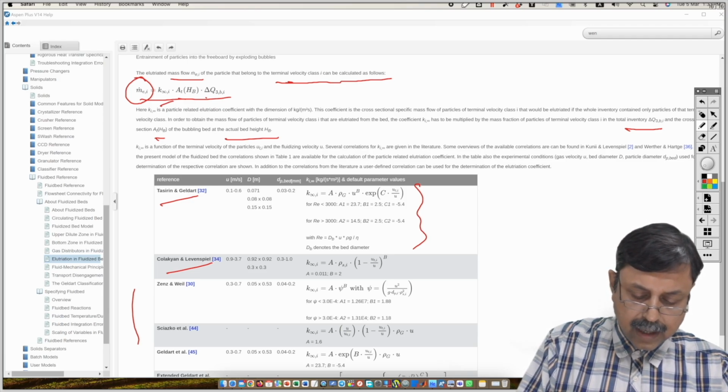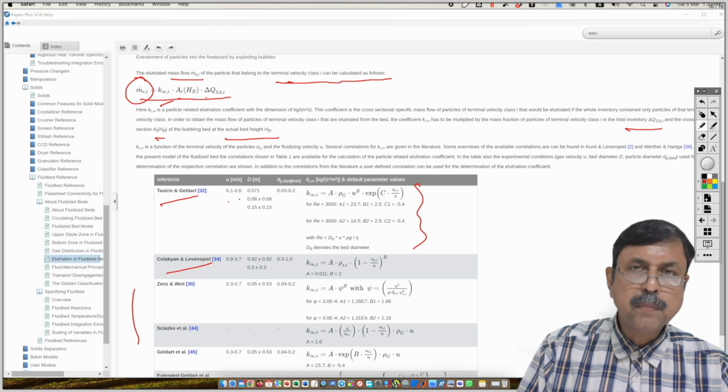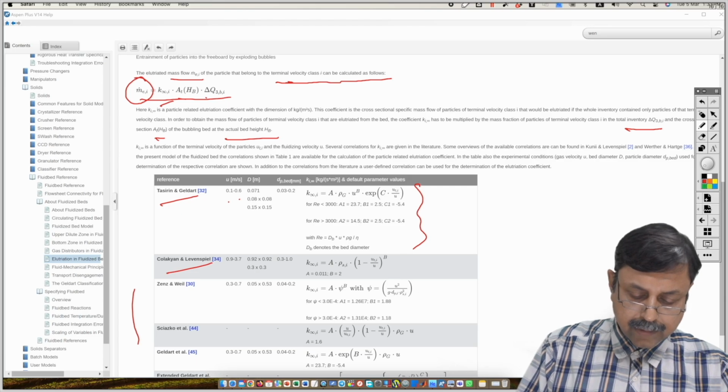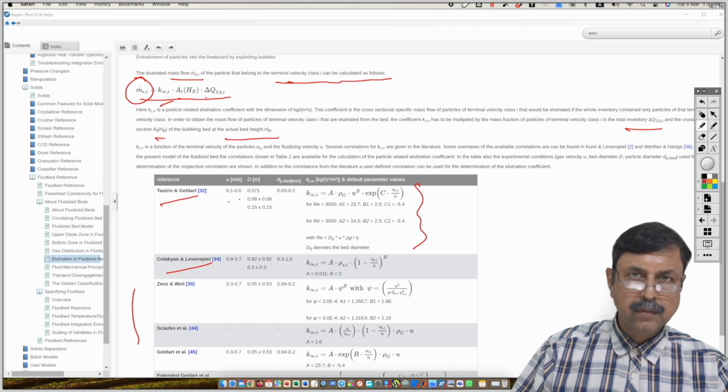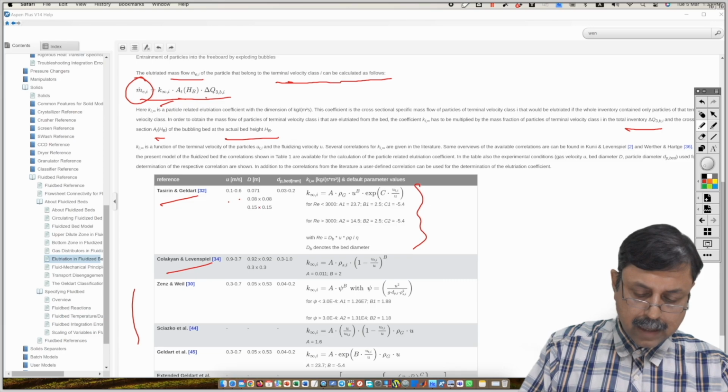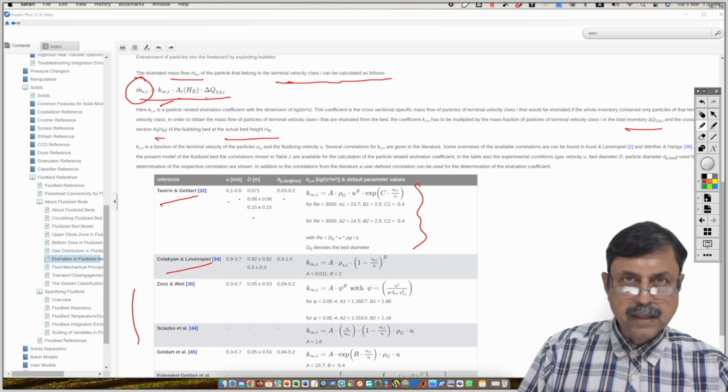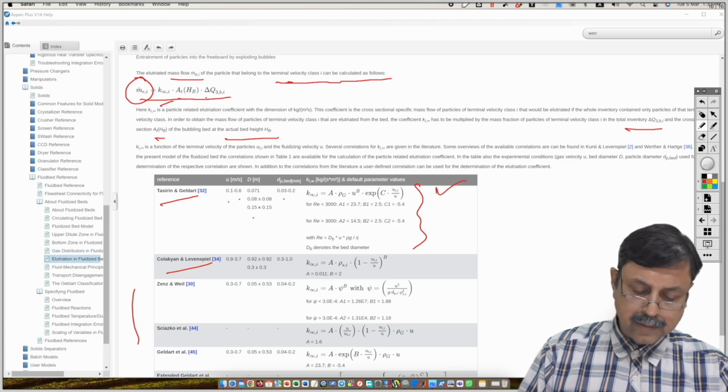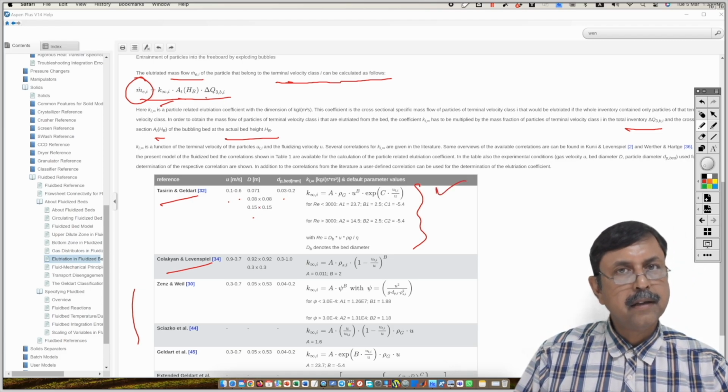For instance, if your fluidizing velocity is between 0.1 to 0.8 meters per second and the diameter of the bed is 0.07, or if it is a rectangular bed, then it is 0.08 by 0.08, and the particle size is between 0.03 to 0.2 millimeter, then you have to use this Tasirin-Geldart equation.